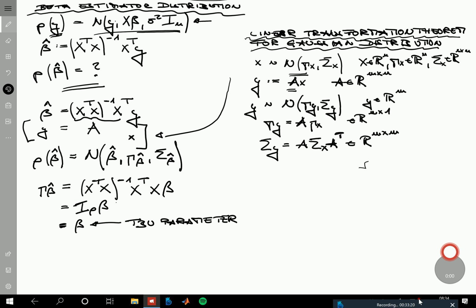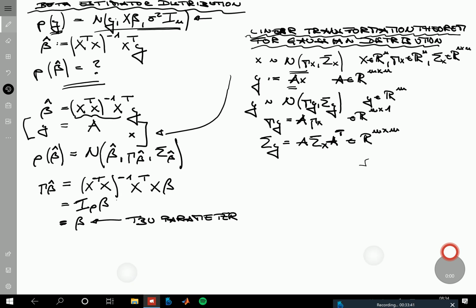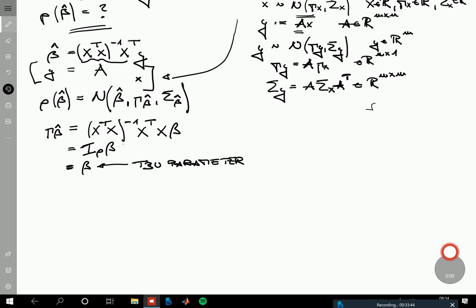So if you sample many times and average over data, or beta parameter estimate realizations, you recover the true but unknown parameter value. This is also referred to as the beta parameter estimates being unbiased. So that's our mu beta.